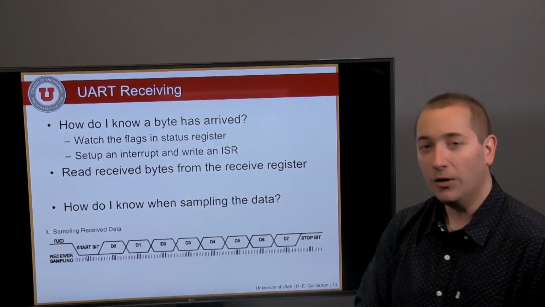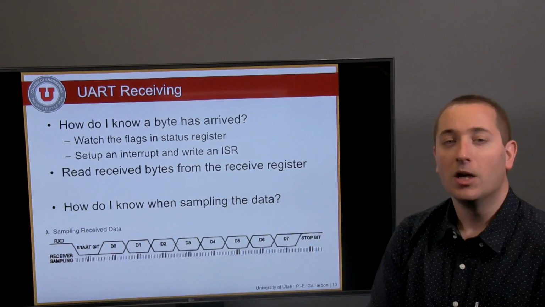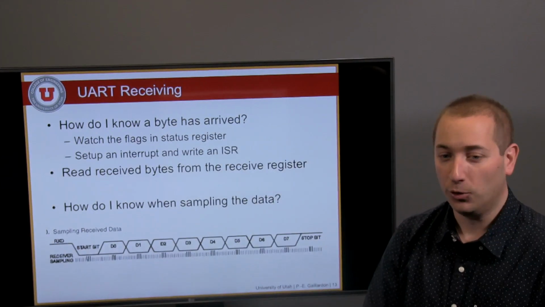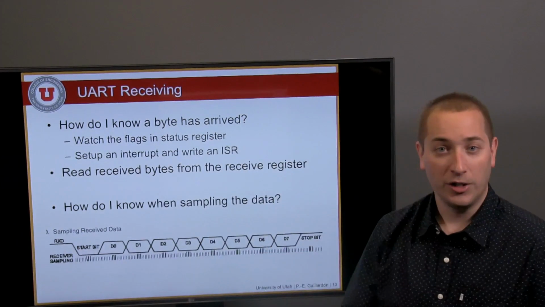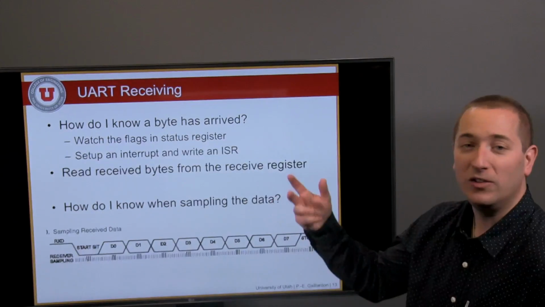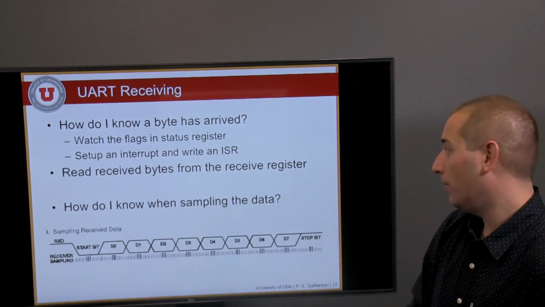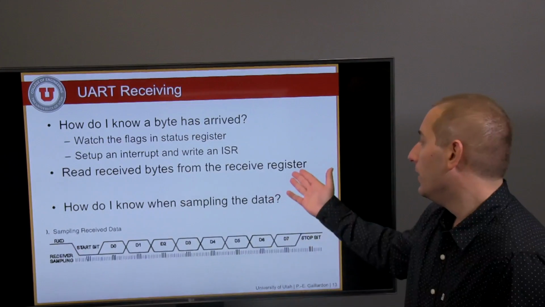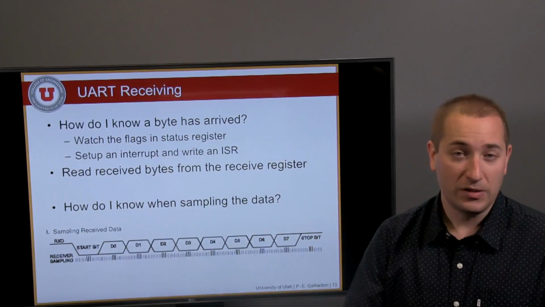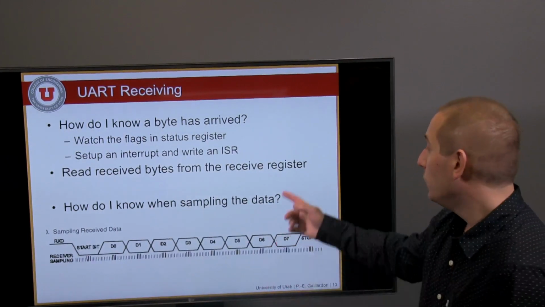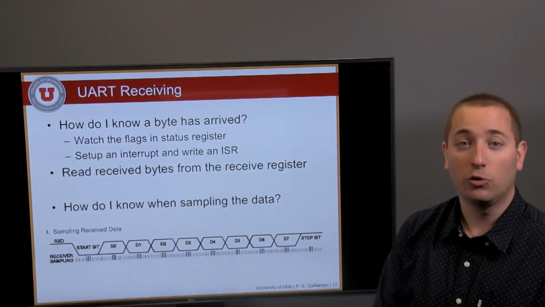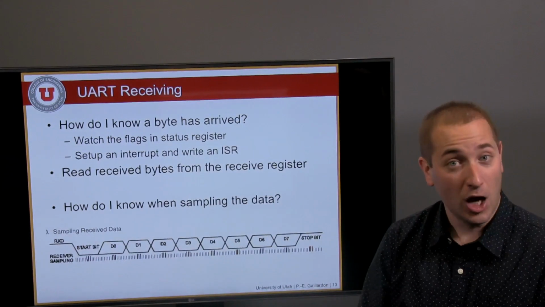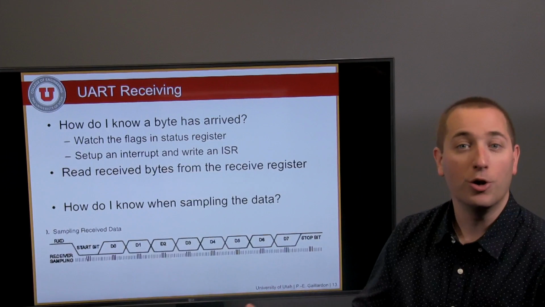Or you can also configure your module to trigger an interrupt to your processor and write an ISR, an interrupt handler, that will be able to read this data and store that in your buffer of choice. The bits that are received will have to be read from the receive register and stored somewhere else in order to free up the receive register for new data to come in.